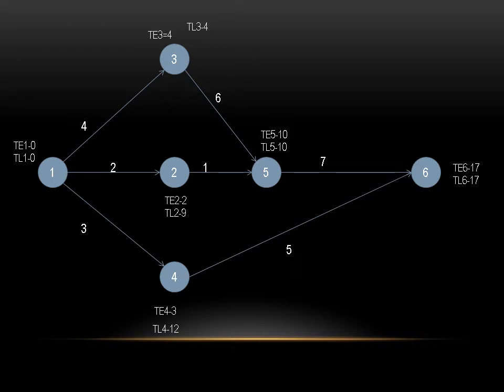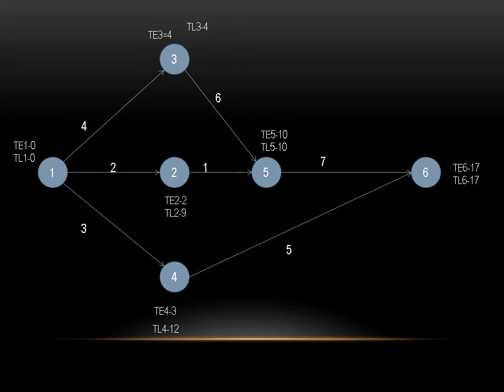In reverse calculation, while finding TL1, we will take the minimum value. The minimum value to complete. That is the latest start time. Minimum value should be taken when an event is merged by 3 activities. 3 to 1, 2 to 1 and 4 to 1, these are 3 activities associated.